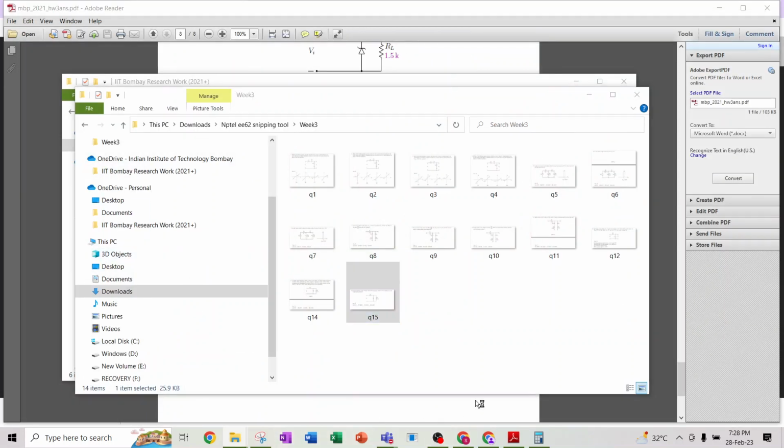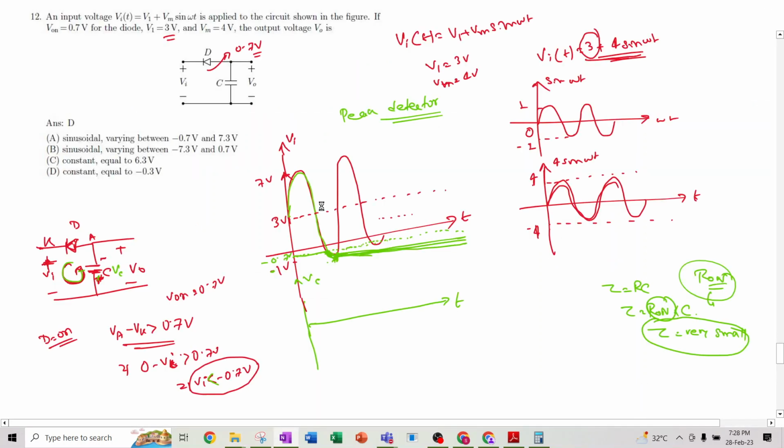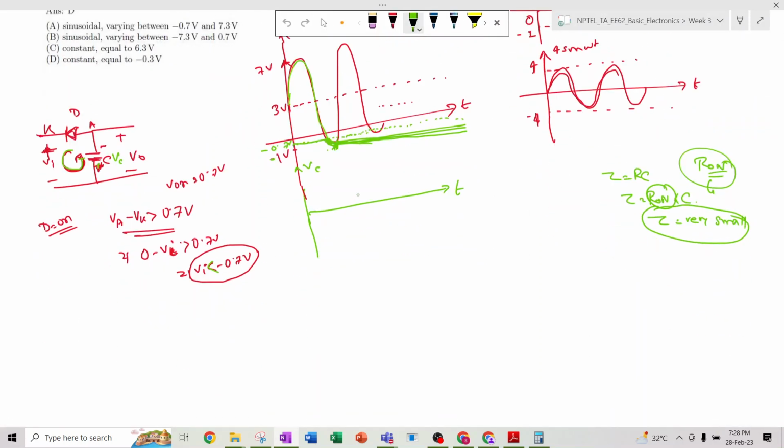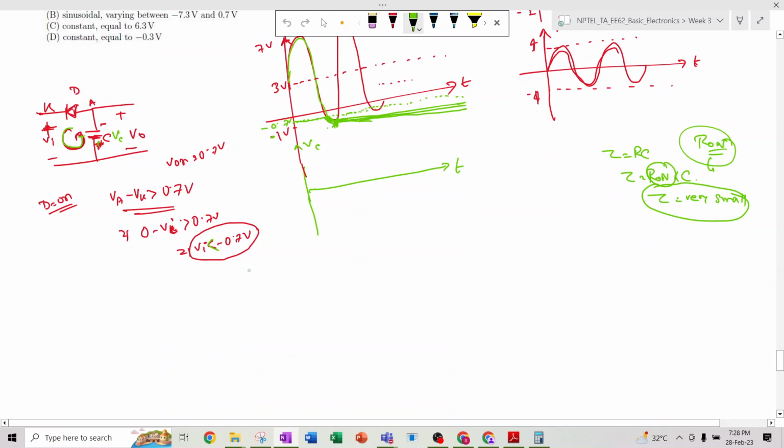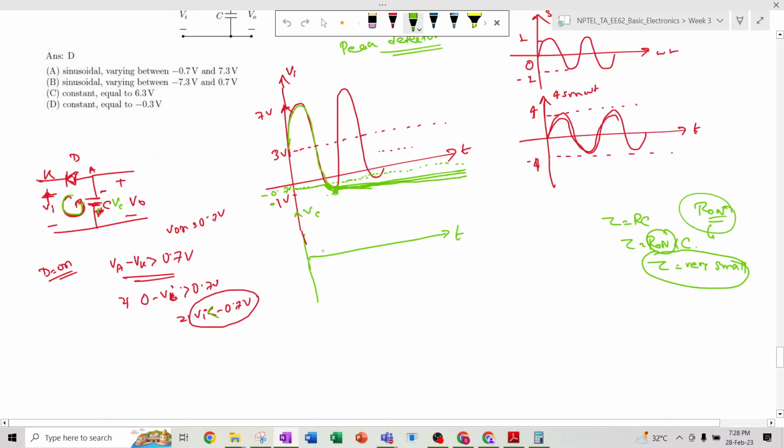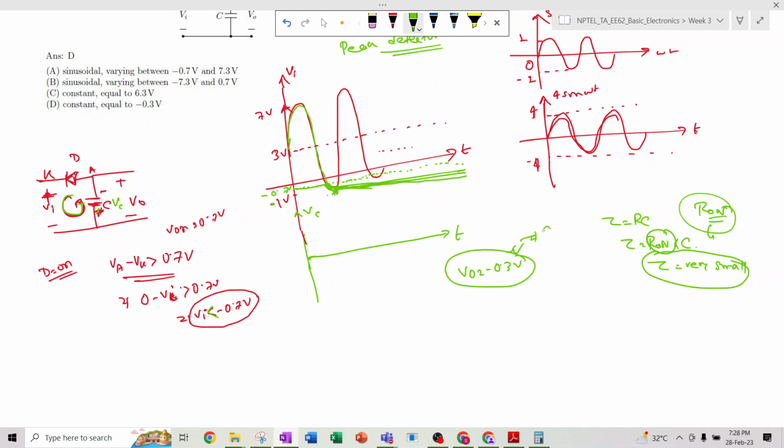So this becomes the constant 0.3 volt, right? So VO will be minus 0.3 volt, and that will be constant, because after reaching the peak value, the voltage across the capacitor does not change, right? So this is the case, right? Okay.